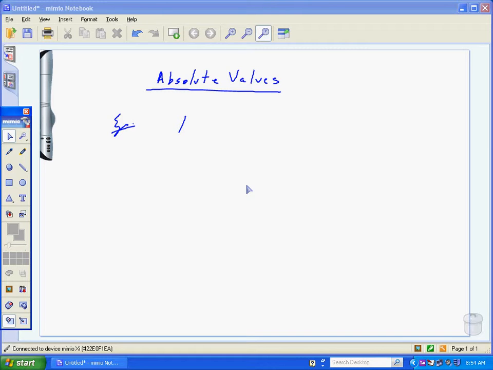So let's go absolute value 3x minus 2 is equal to, I don't know, 4. Something easy like that. We can actually graph this stuff too, but I'm not too worried about it.